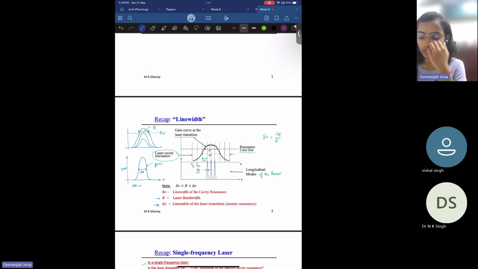If you recall, without the Etalon, we have multi-frequency oscillation. Let's say we have a laser source whose spectrum is like this. The line width is given by the full width at half of the maximum. And for this laser source, let us assume we have a gain curve like this.